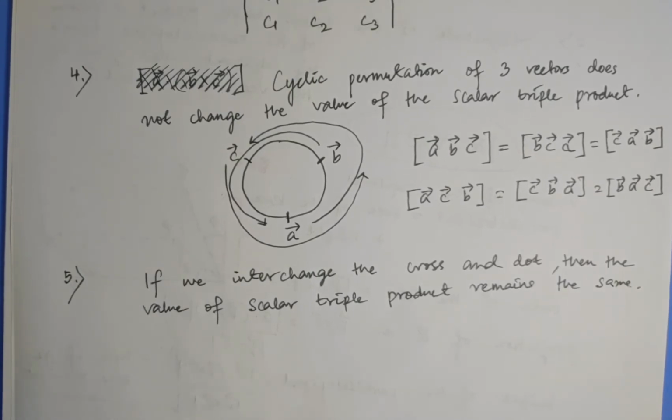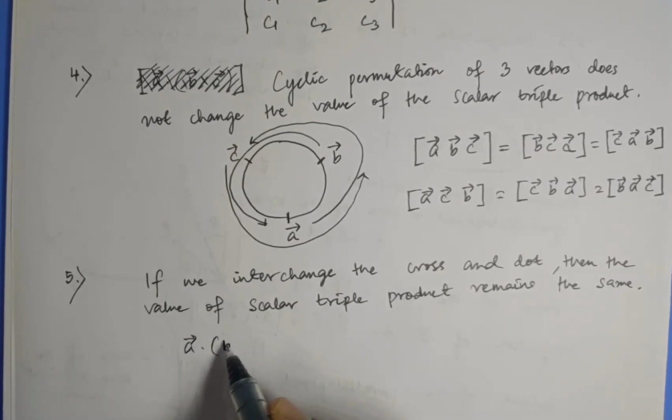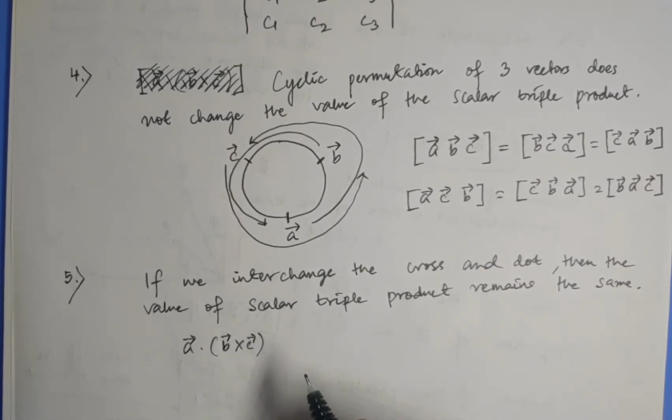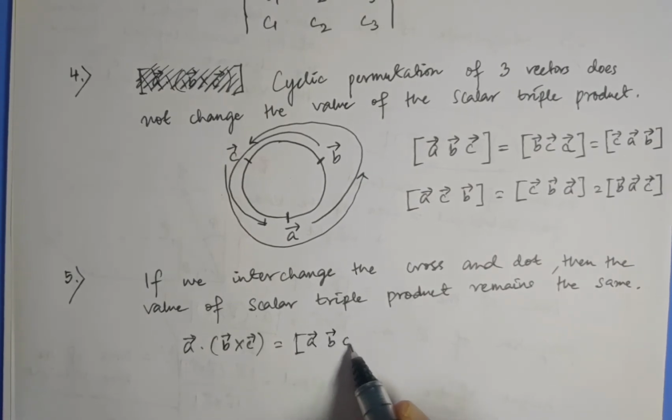So this is what they have said. So let's do it. What we have is A dot B cross C, right? So this is our ABC.